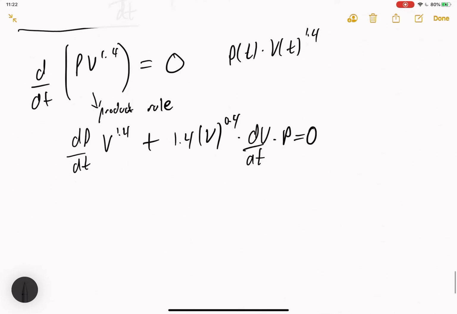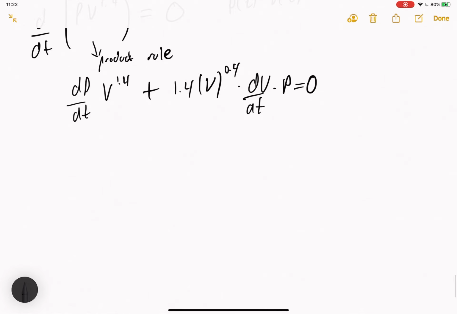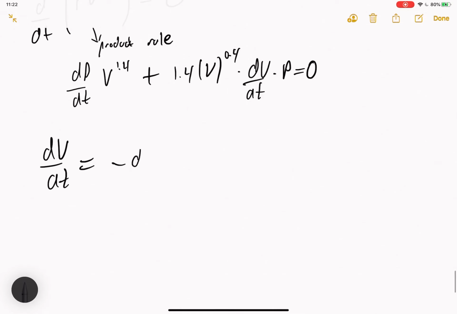The reason for this is that it's a product rule, and I also used the chain rule appropriately. And I'm just going to solve for dV/dt. So move this term over. That's going to be negative dP/dt times V^1.4.